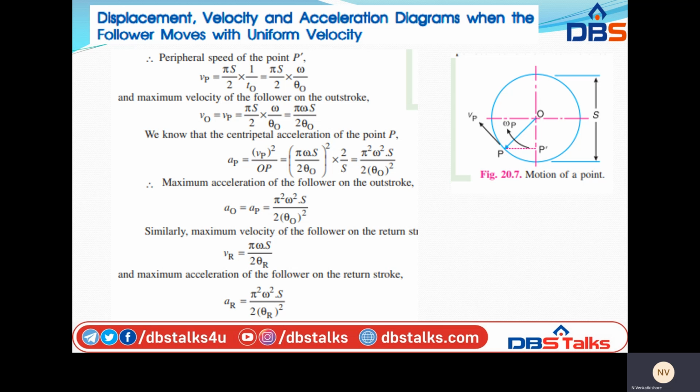So the diameter is the stroke, and for the completion of the circumference of the circle, the point P will execute a simple harmonic motion. The motion of the follower is similar to that of the point P.